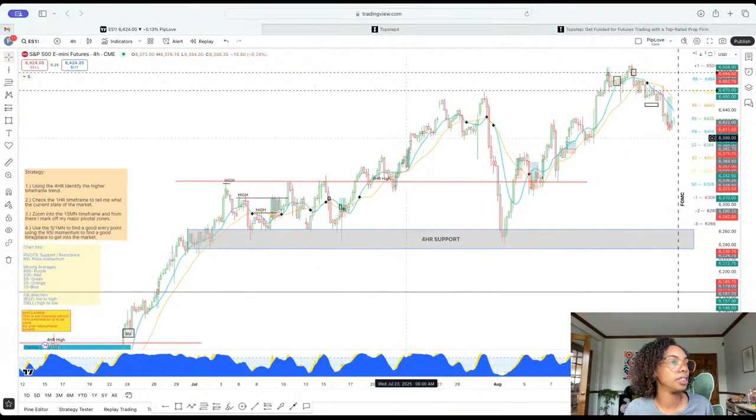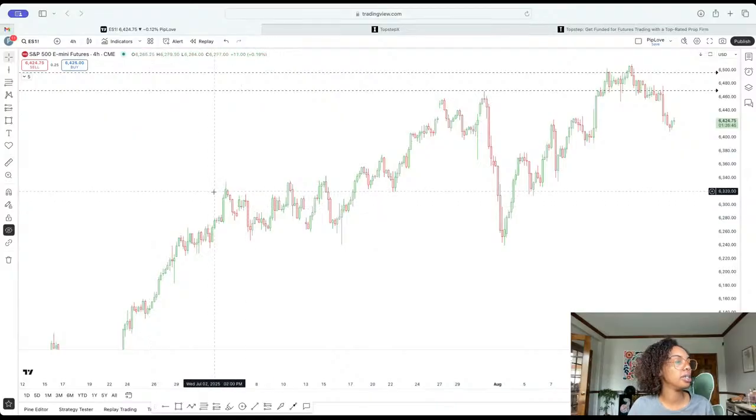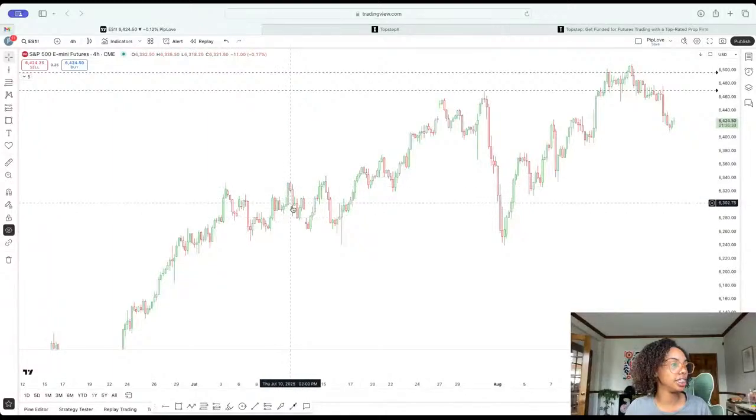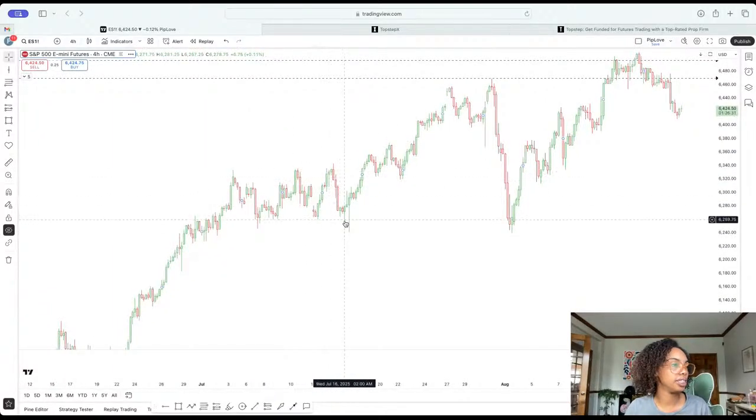Let's try to look at this with clear eyes. We had the market coming up to the 63.30 area, then pushing back down to the 62.40 price point, just ranging between these levels.